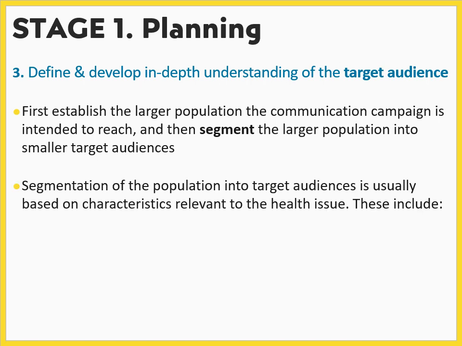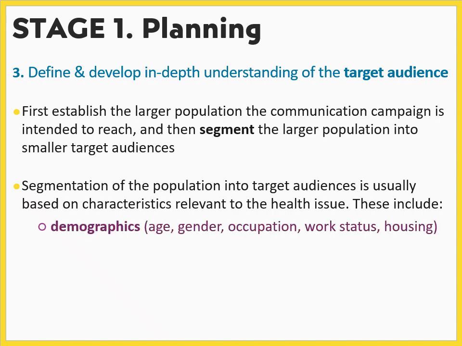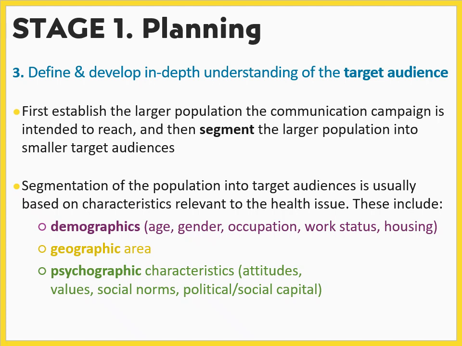Segmentation of the population into target audiences is usually based on characteristics relevant to the health issue. These include demographics, geographic region, psychographic characteristics such as attitudes, values, social norms, political and social capital, and perhaps most importantly, patterns of behavior related to the health issue.